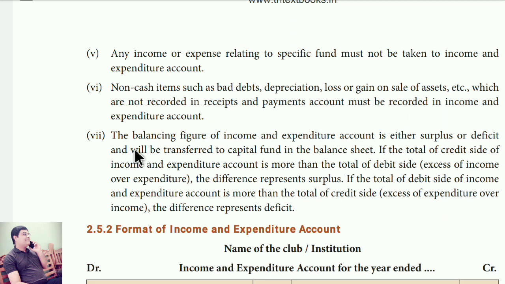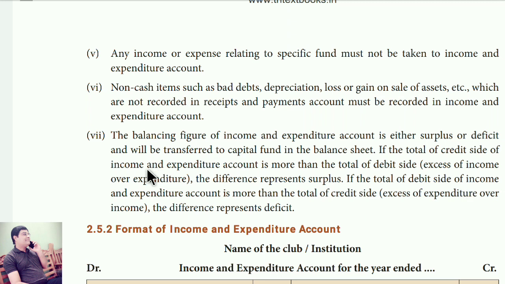Seventh step, very important: the balancing figure of income and expenditure account is either surplus or deficit and will be transferred to the capital fund in the balance sheet. If the total of the credit side of the income and expenditure account is more than the total of the debit side, excess of income over expenditure, the difference represents surplus.